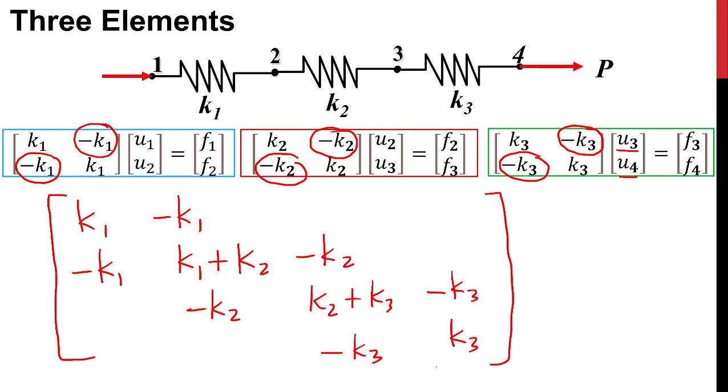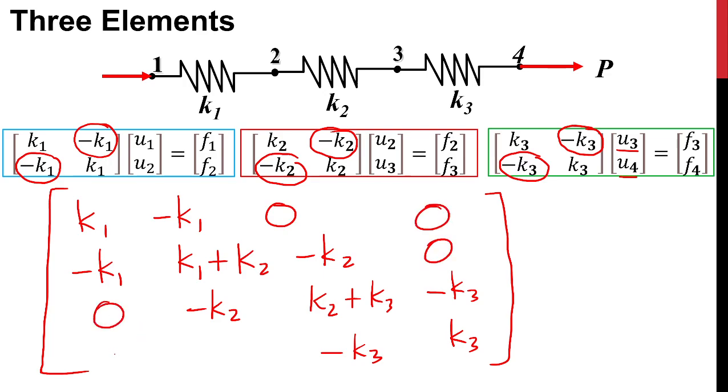Inilah global matrix dia kalau solve 3 elemen. Tempat yang tak ada benda ni kita letak kosong. Apa kamu perasan dia punya trend?